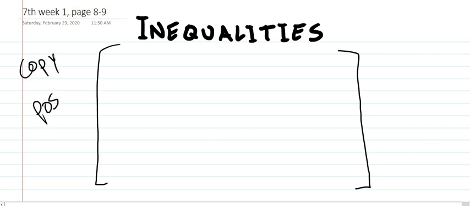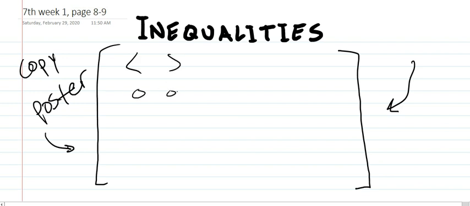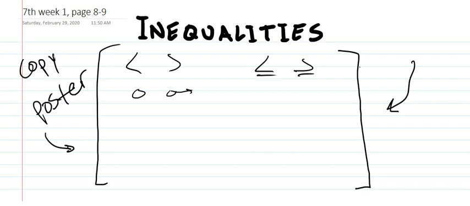You should have something like this with open circles and things like that. I'm going to pause this video. You pause it. Copy that poster into your notebook. Should take you less than 5 minutes. Go.